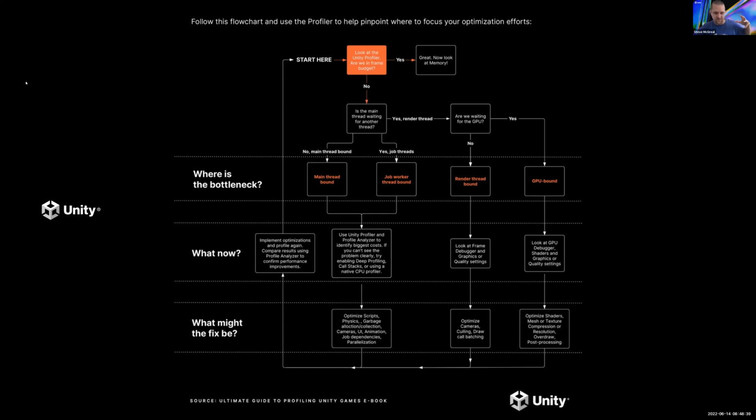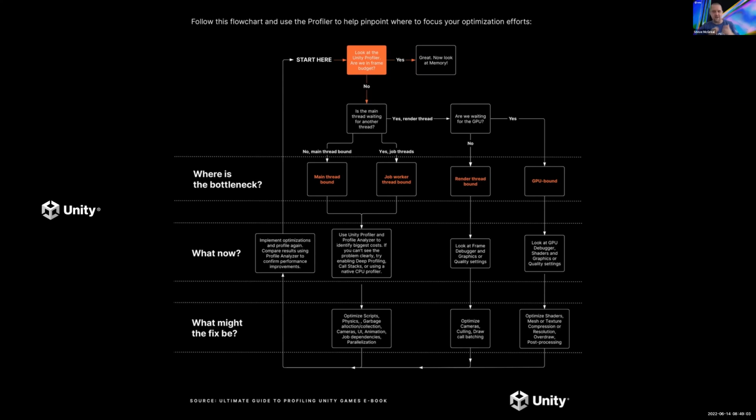Then in this "what now" section, depending on your answer to that question for your game, these are the next tools or things that might be available for you to investigate more deeply what the causes are. I make some very broad speculations as to what the fix might be.